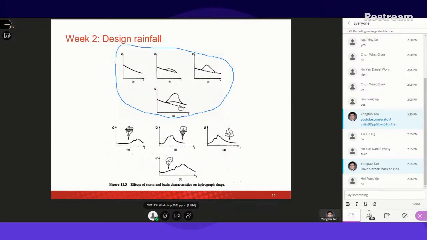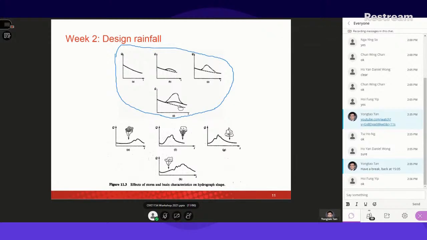So actually, the factors affecting the hydrograph shape are the rainfall patterns, meaning the rainfall distribution with time, the rainfall distribution with area, and also the direction of the storm movement. All this can affect the hydrograph shape.